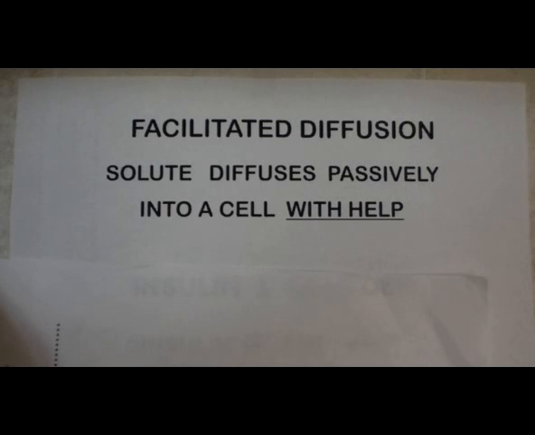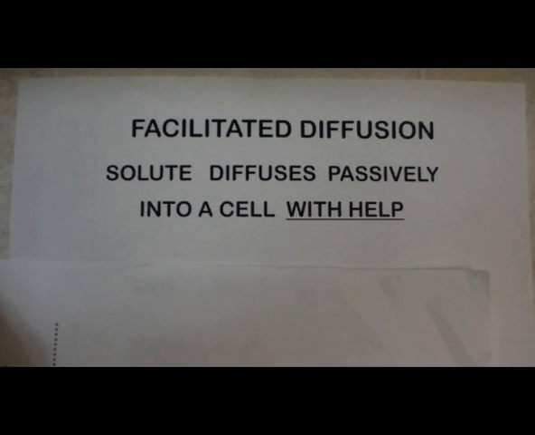So in review, facilitated diffusion is a passive action where the solute diffuses passively into the cell, but with help. The solute has a higher concentration outside of the cell, but it cannot enter the cell because of the semi-permeable aspect of the cell membrane.